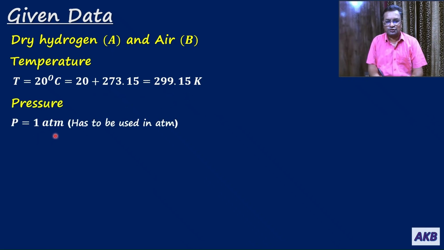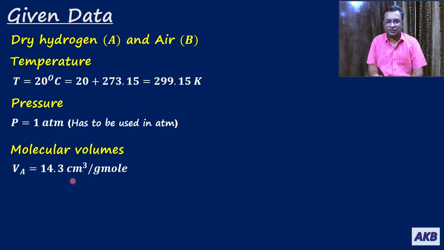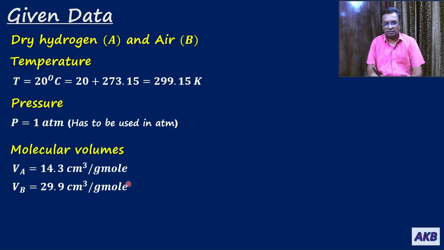Pressure is 1 atmosphere. We have to use it in atmosphere. Then molecular volumes are given to us. Va is 14.3 centimeter cube per gram mole for hydrogen, and for air, Vb is equal to 29.9 centimeter cube per gram mole.